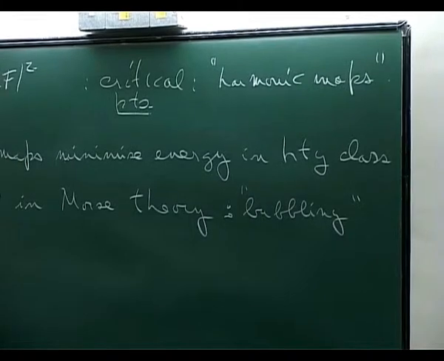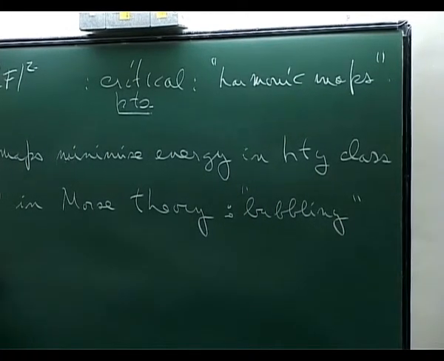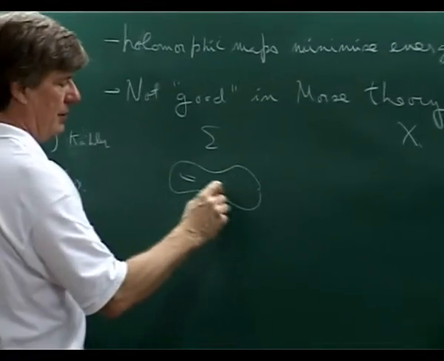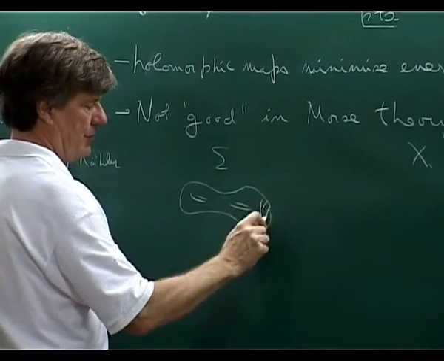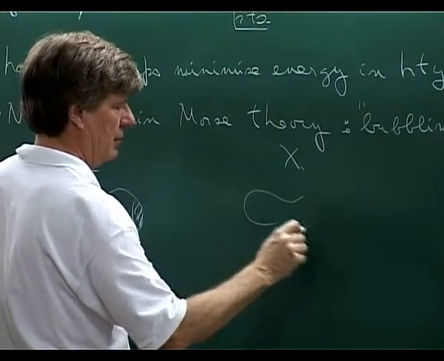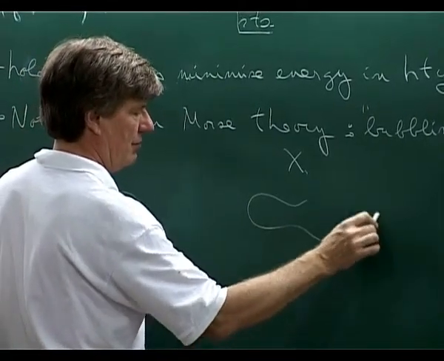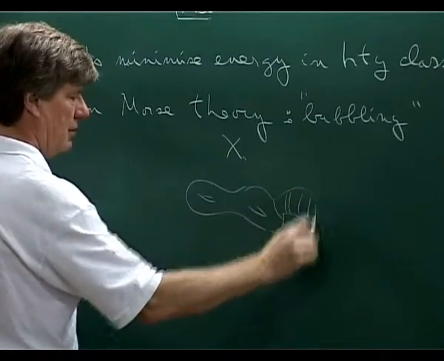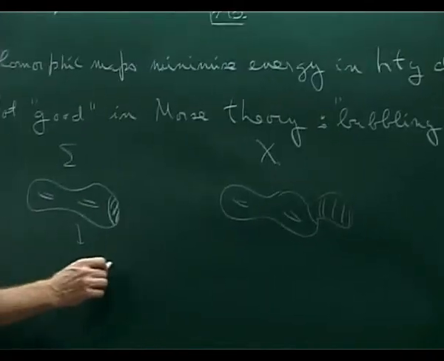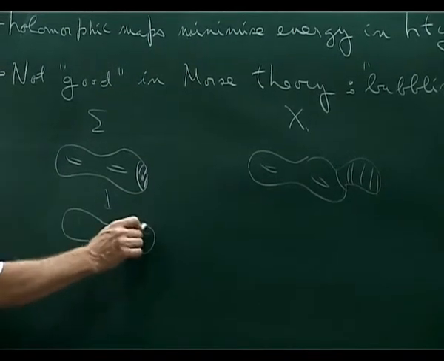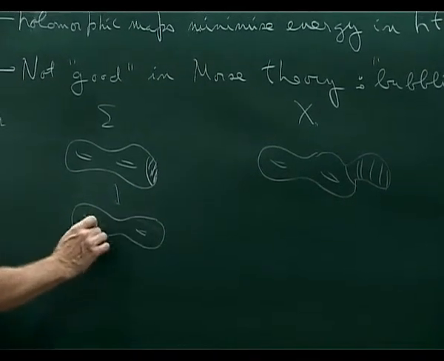Okay, so if you take a minimizing sequence, here's sigma, and I'm going to try to draw its image in X. I've got my fixed Riemann surface here, and there's some patch that's being mapped to X, and you get a bulge. As you go to a limit, the following can happen. Doesn't necessarily, but it can.